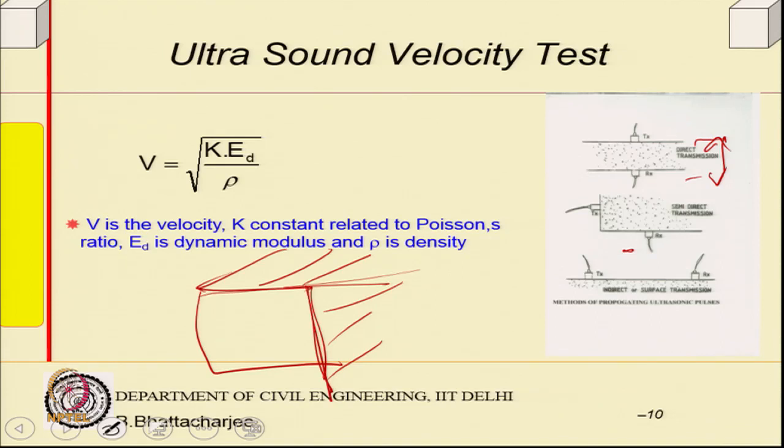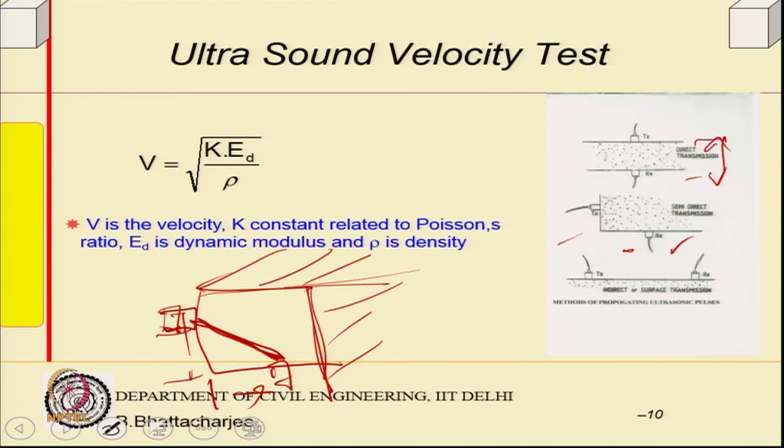Then I want to find out what is the ultrasound pulse velocity in this. So, I can put transducer here, receiver there, transducer here, receiver there. Now, this will be the path length then. Since you know this dimension, you can find out the path length. This is called semi-direct measurement, and you can use it in a corner.